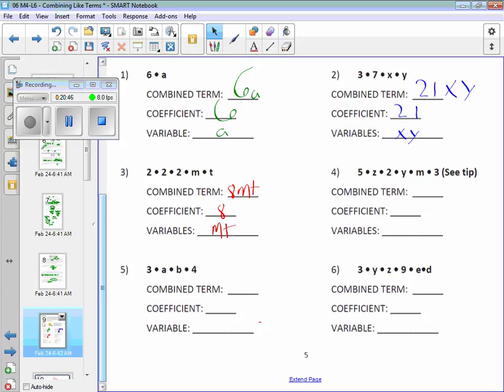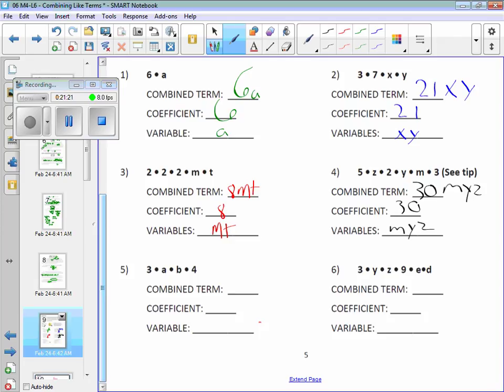Tyler, go for it. He gets style points because he remembered to do it in alphabetical order too.